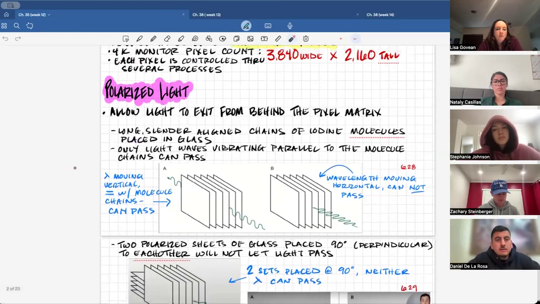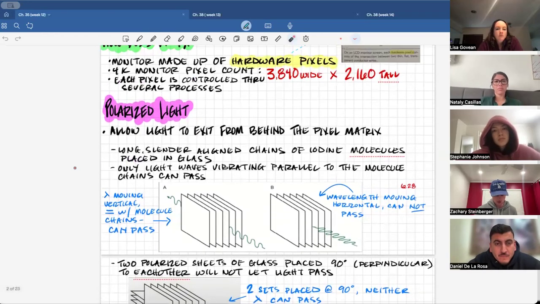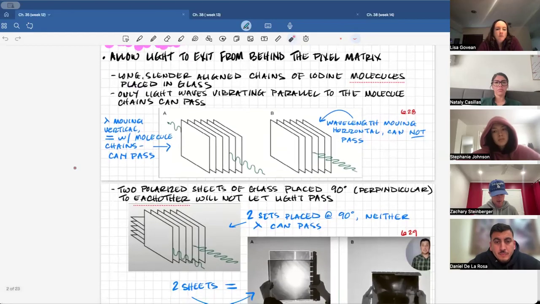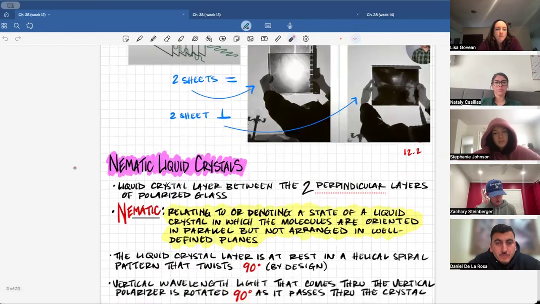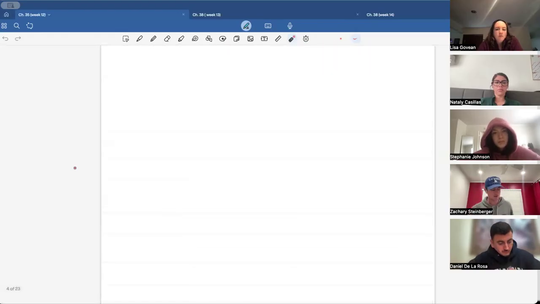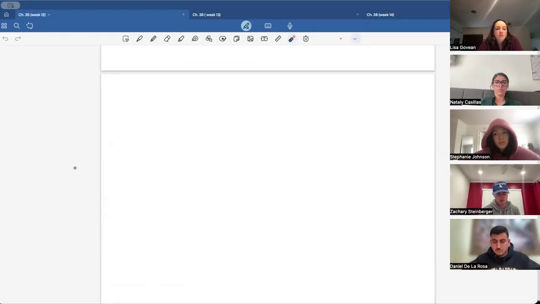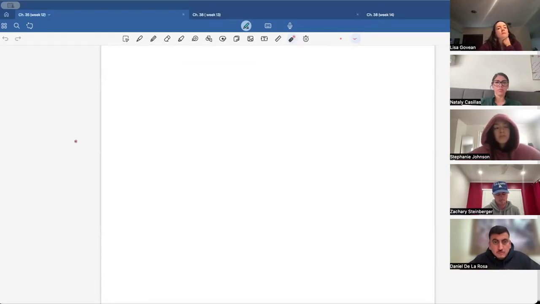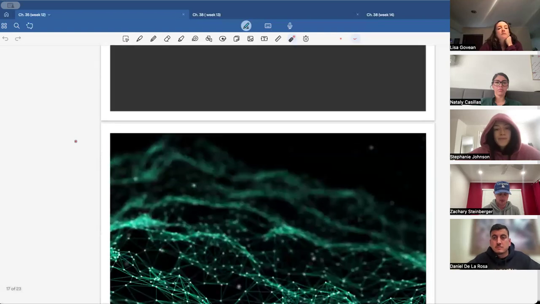And then one other question I had was on the nature of pixels in display systems. I'm not really understanding the breakdown of it.